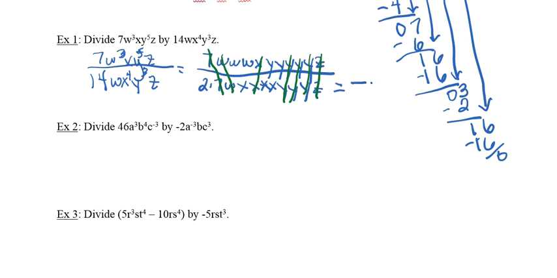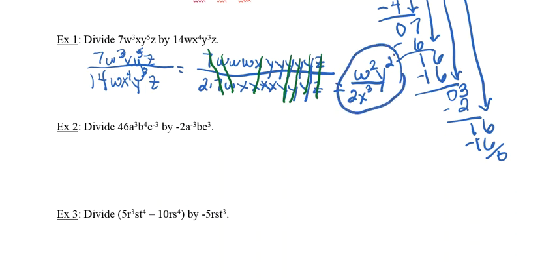So on the top, I see I have 2 w's, so that's w squared, and I have 2 y's, so that's y squared, and I don't have anything else. On the bottom I have a 2, I have 3 x's, and that's it. So this is my answer.